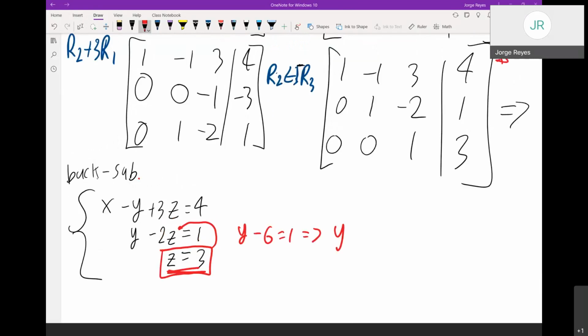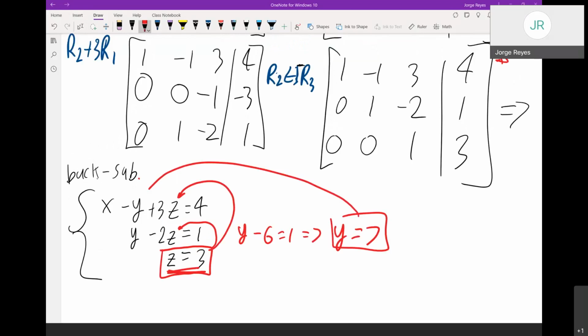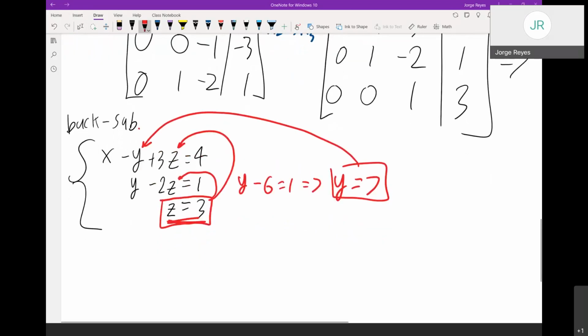So then y equals 7. And then I can substitute both of these into the top one and get x minus 7 plus 9 equals 4, which is going to be x equals 2, negative 2.